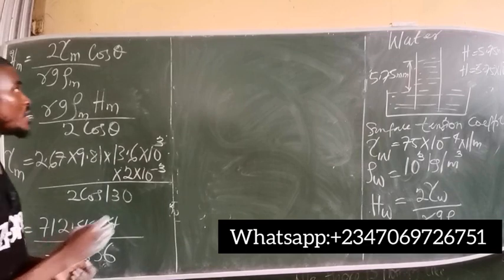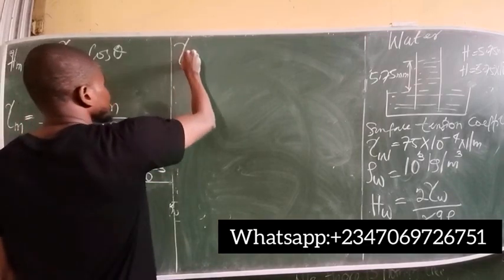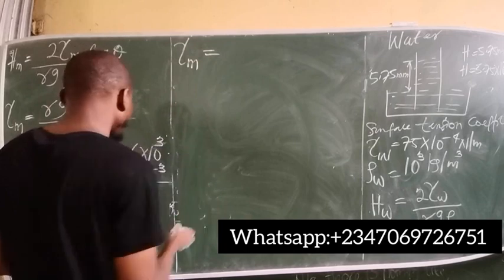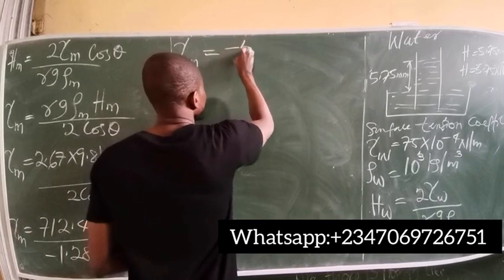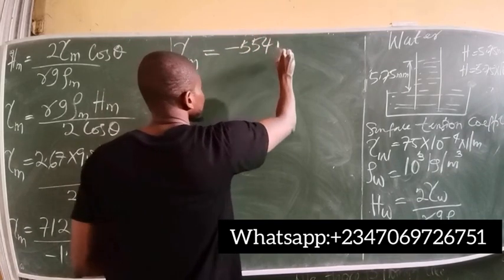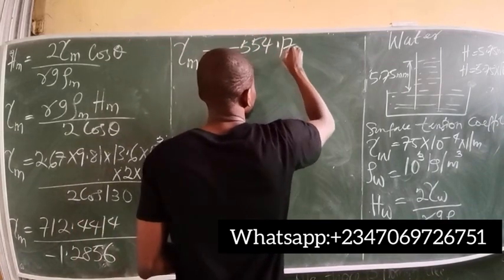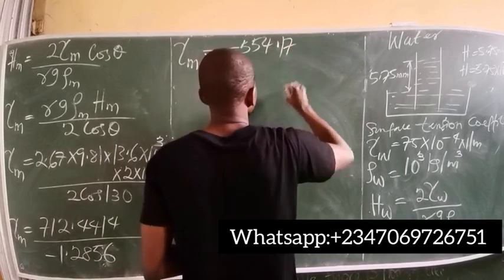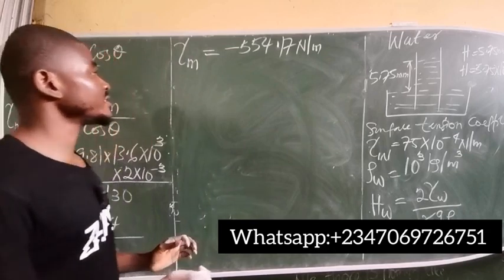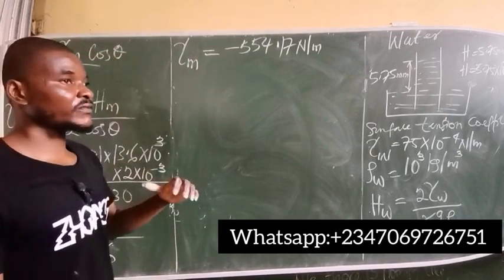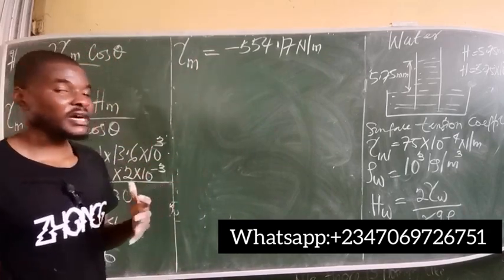Okay, all right, so we can simply obtain that the surface tension coefficient for mercury is simply equal to 712.441 divided by minus 1.2856, which gives minus 554.17 newtons per meter. Once again, like I said, the negative sign only shows that there is a drop in the height of mercury.